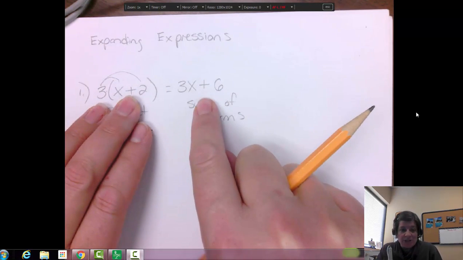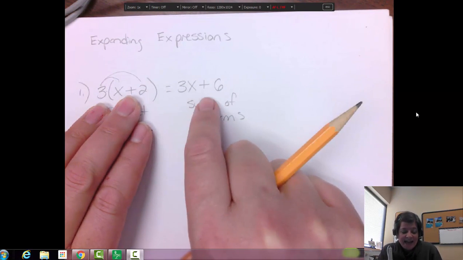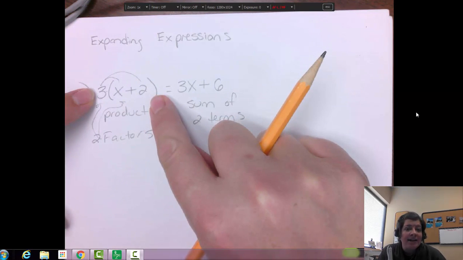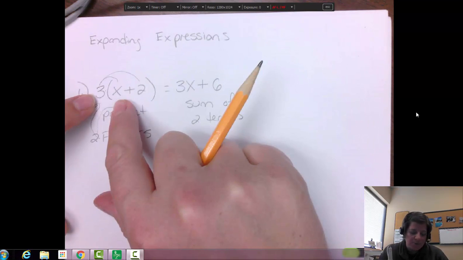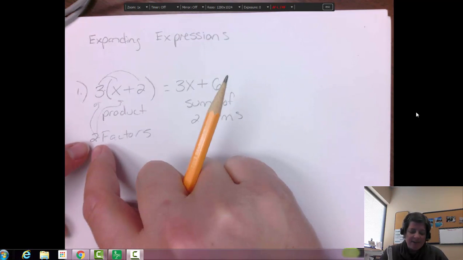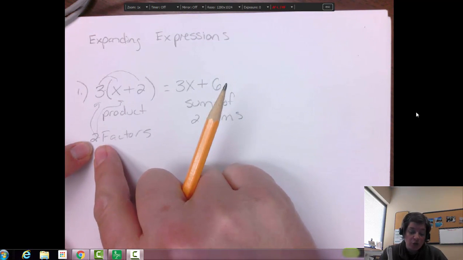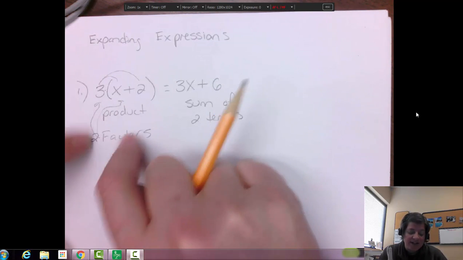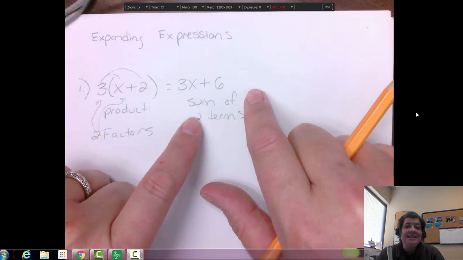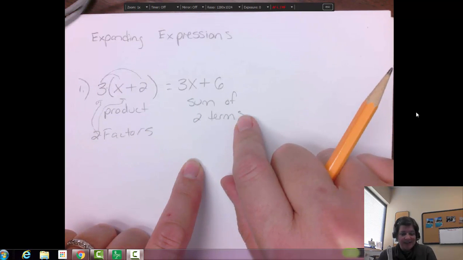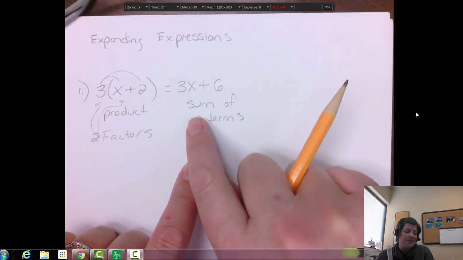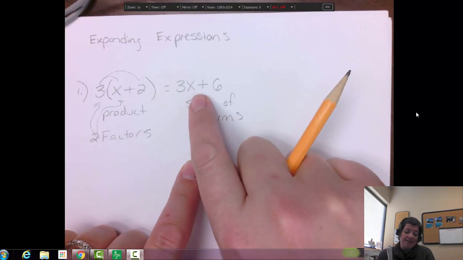They're equal to each other, that's why I put the equal sign. And this could be called the product of 2 factors, and this is the sum of 2 terms. Because we're adding them, it could be the difference as well if we had subtraction.